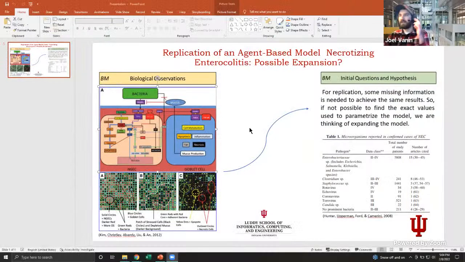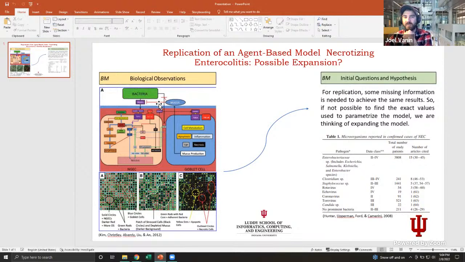Okay. Yeah, so there is this model that we were trying to replicate from this paper. The problem is we don't have some information on this model. We have a lot of information on how things work inside the cell, but not exactly, for example, what kind of bacteria is this one?